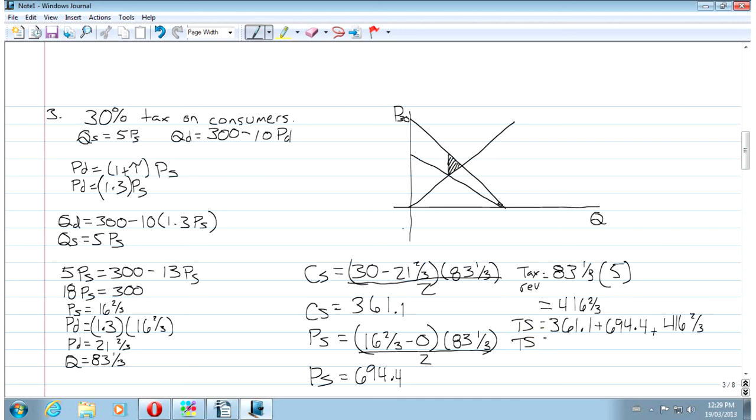Okay, so my total surplus is 1472.2. And if my original total surplus was 1500, then my deadweight loss is the difference, or 27.8. Okay, so that's how to do question number 3.